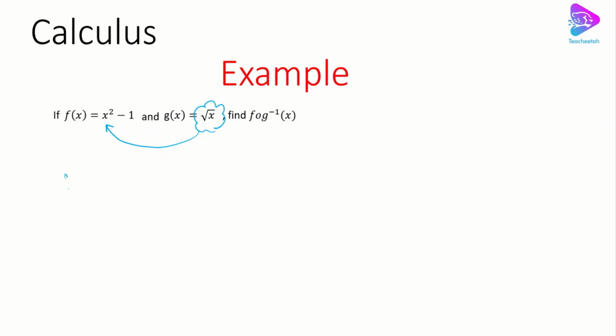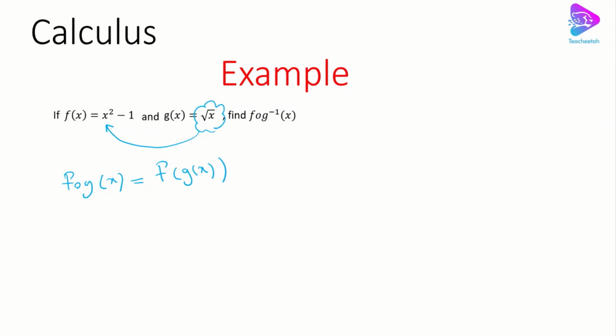So this is the first step. First we have to understand what is f of g of x. Once we obtain f of g of x, we can look at its inverse.